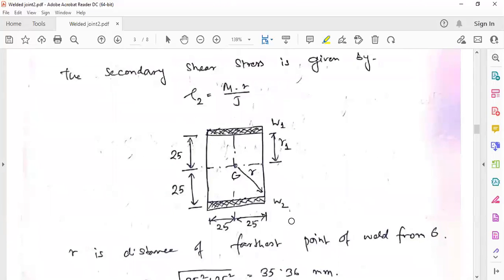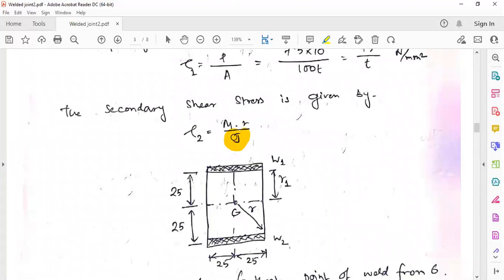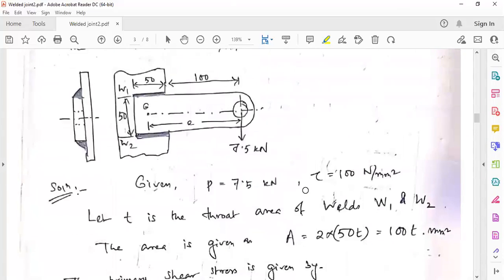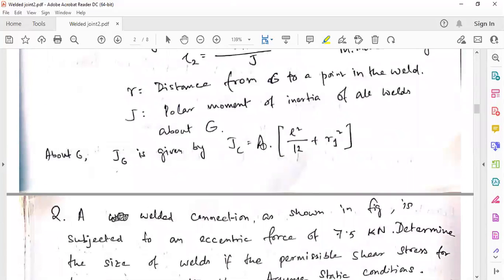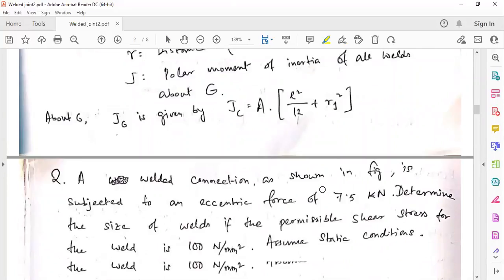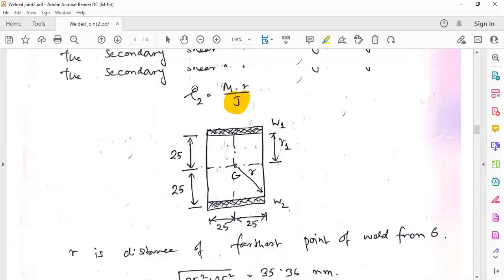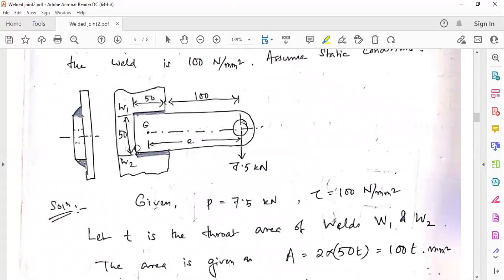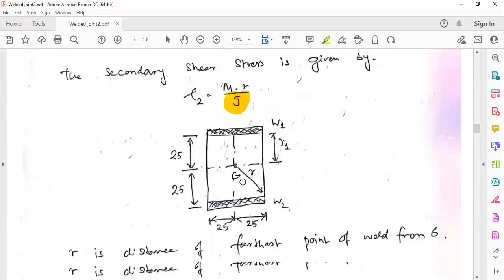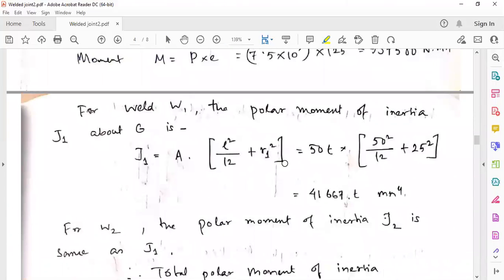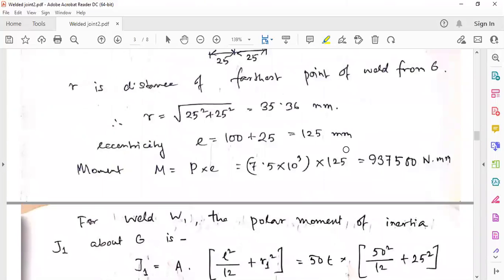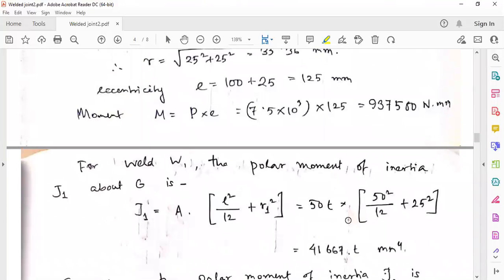Now what is left? That J. J formula I told you. This is the formula: A into L square by 12 plus R1 square. So here you see R1 is 25. It is clear from here. You see this is 50, so this will be 25 from here, and the remaining is 25. So here area is 50t, 50t, into L square, 50 square by 12, plus R1 is 25.